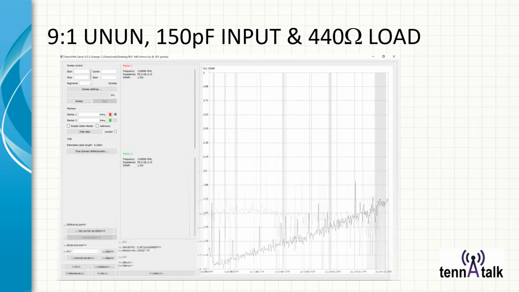So if we move that to a 440 ohm load, which is two 220 ohm resistors in series, now I get something that in general is well below 2. Here's the 2.0 SWR line, and all of it is below 2, even though it creeps up at higher frequencies, which is pretty typical. And that's because of the frequency response of the ferrite, not for any other reason.